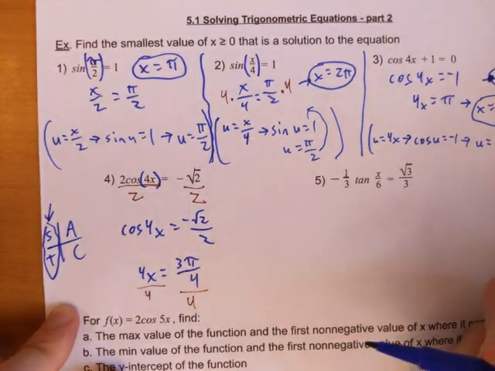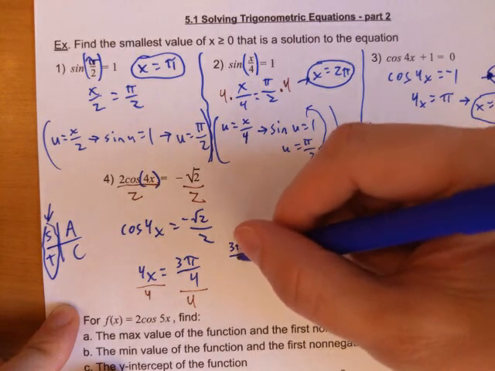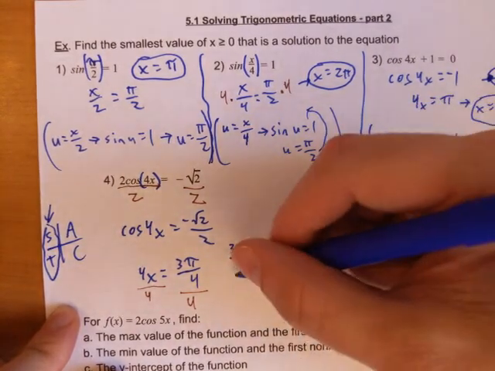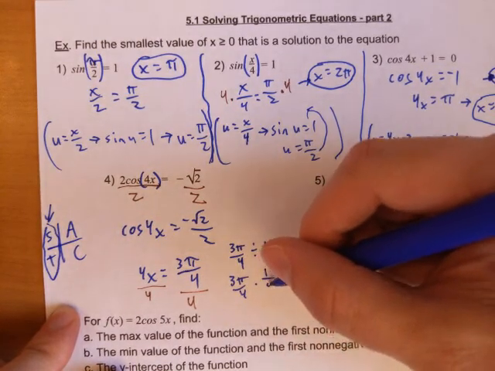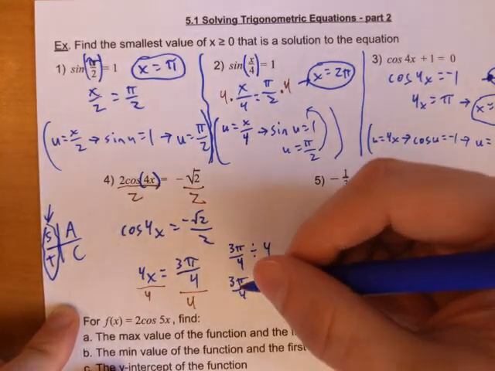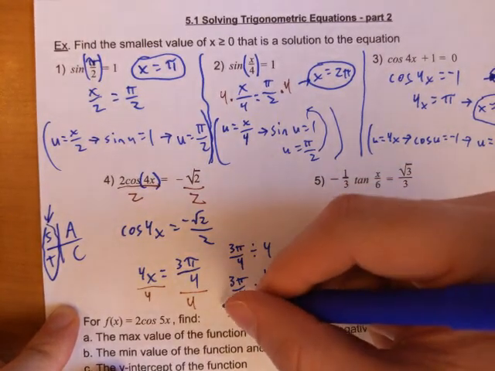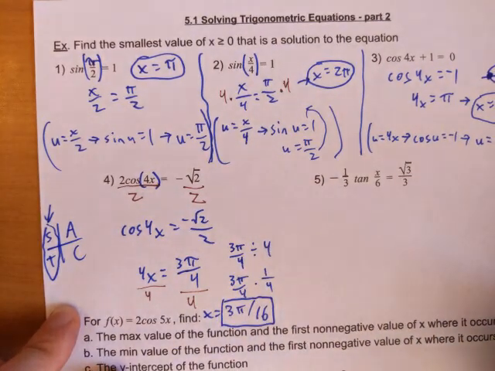The over 4s don't cancel. You've got 3 pi over 4 divided by 4. Well, that's 3 pi over 4 times 1/4. And so what we get is 3 pi over 16 for our final answer for what x equals.